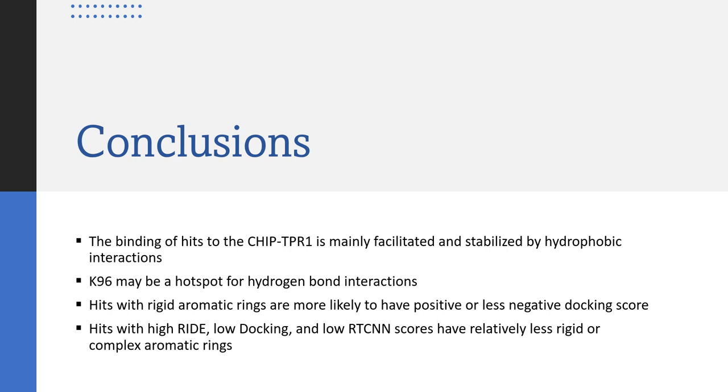Also, it is worth noting that single or multiple aromatic rings are commonly found at both ends of the hit structure, which participate in forming a parallel or perpendicular pi stacking with the side chain of phenylalanine. This commonality implies that the aromatic interaction can be used to predict the interaction of putative drug-like hits with CHIP.